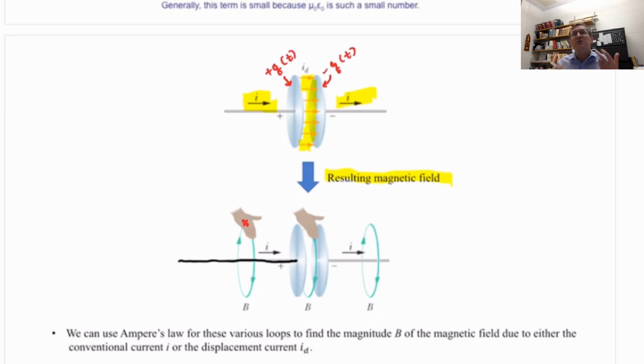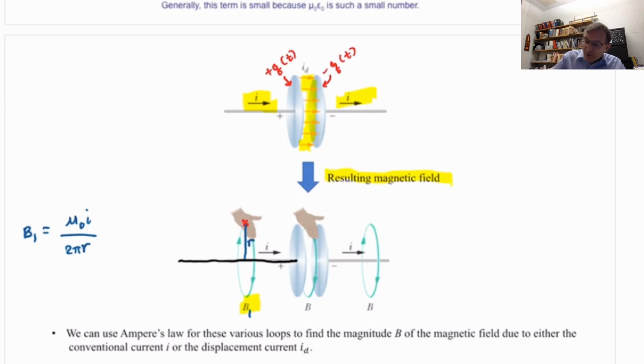We know a long straight wire creates magnetic field, and it circulates around it according to a right-hand rule, and that's what this green circle is showing. Let's call the magnitude there B1. And we know that magnitude. We know the formula. B1 is mu 0 I over 2 pi r, where r is that distance from the wire out to the point where we're finding the field.